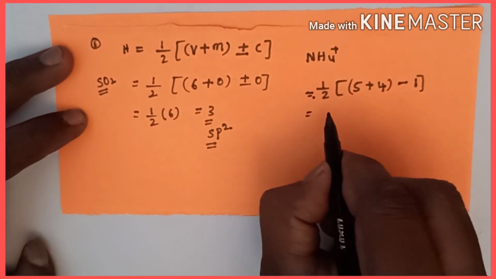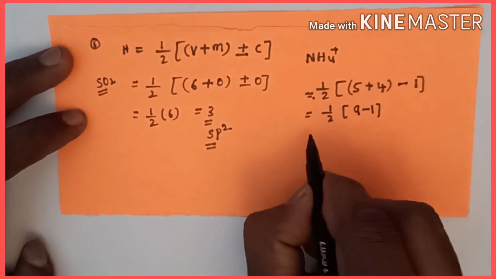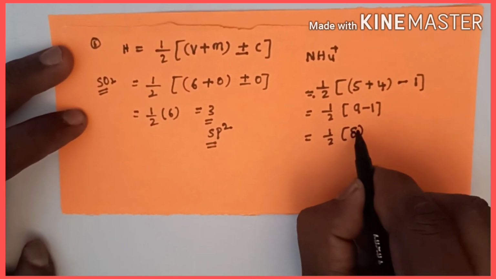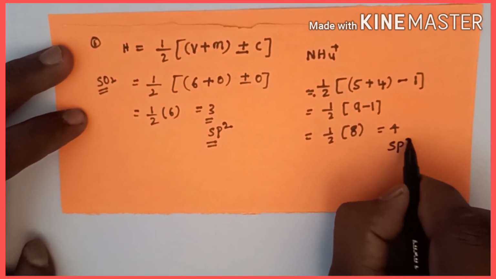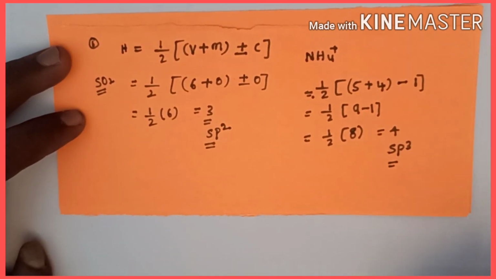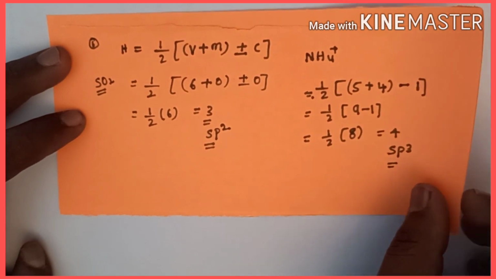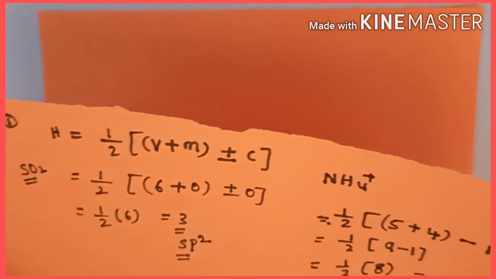Then hybridization is half into 9 minus 1, that is half into 8, which is 4, so it is sp3 hybridization. So perfect. This is how to find hybridization for any molecule.